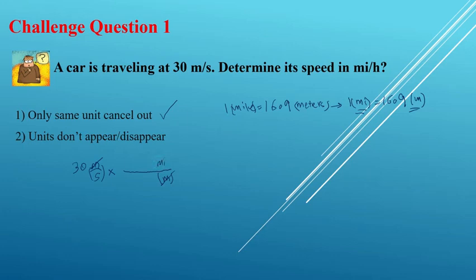Then I'm going to write mile on top. Based on this conversion factor, I know 1 mile is equal to 1609 meters, right? So what I just did is convert meters to miles, which is the conversion of length.